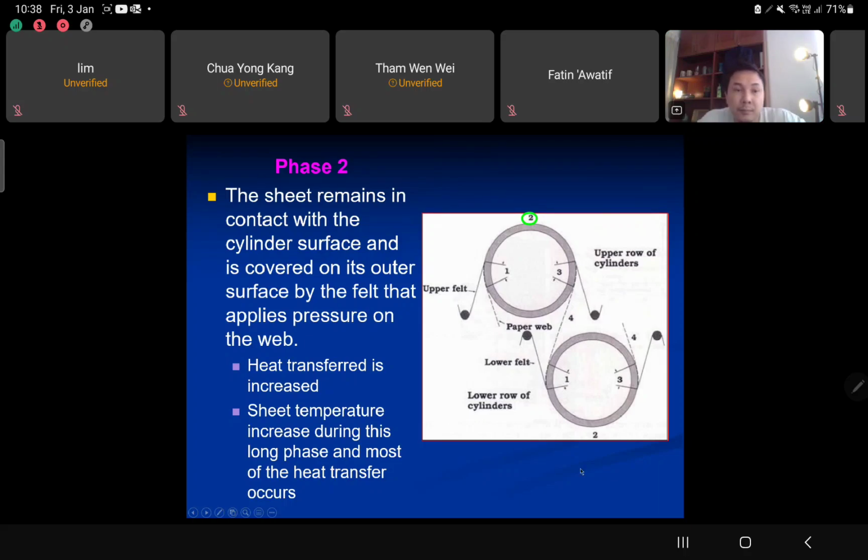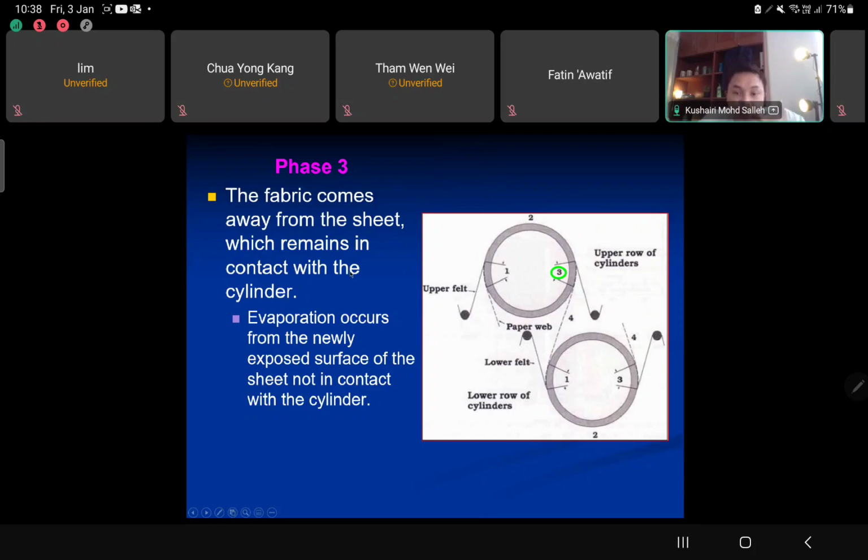And then we move forward to phase 3. Phase 3 is almost identical to phase 1, but what makes them different is that at phase 3, the temperature of the web is already high compared to phase 1. The fabric comes away from the sheet, which remains in contact with the cylinder.